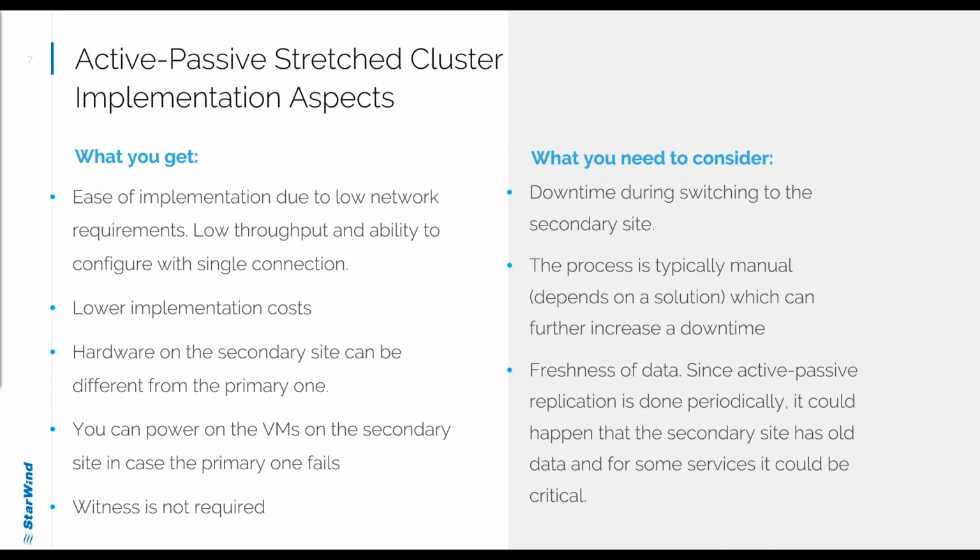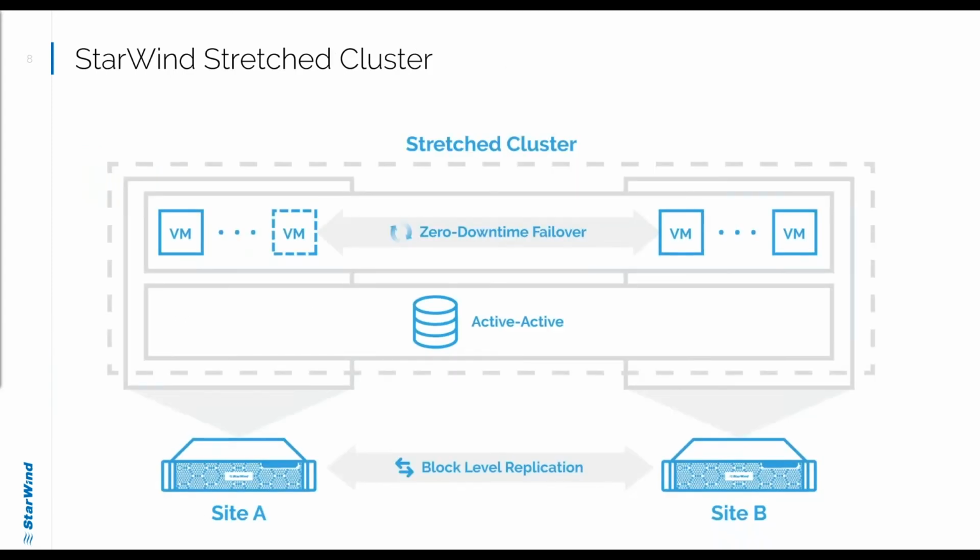And what about the Starwind stretched cluster implementations? So Starwind, of course, implements the stretched cluster, and it basically has two architecture options. The first one would be a typical case with the witness instance in a third location or in cloud, such as AWS or Azure.